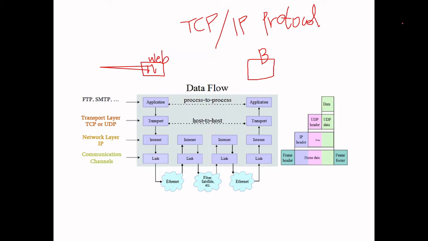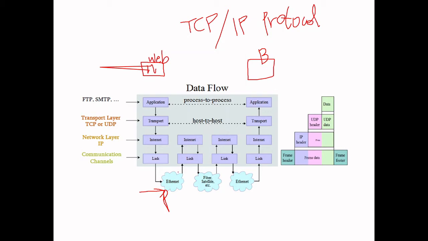The TCP/IP protocol stack has a smaller number of layers, and that is what is shown here. Each of the machines will have all these layers residing in it. First of all, we'll talk about the different layers. Here we have the physical layer, where data transmission takes place in the form of bits.